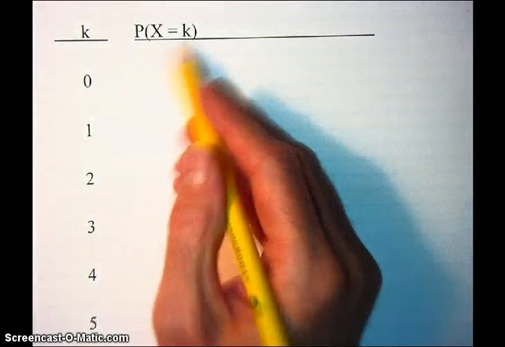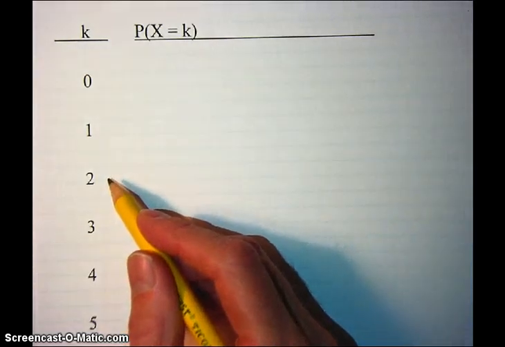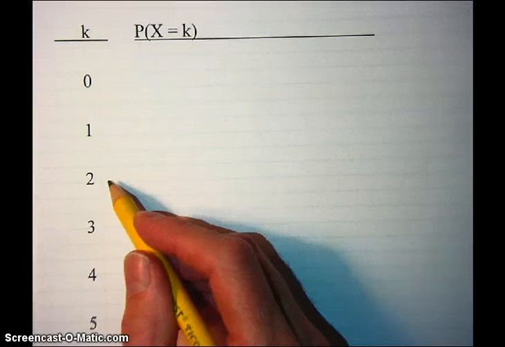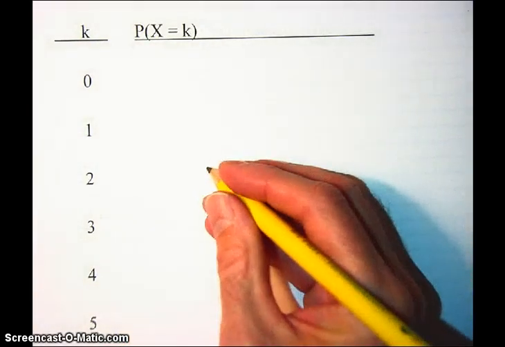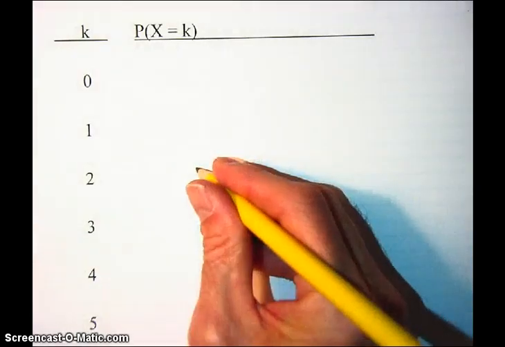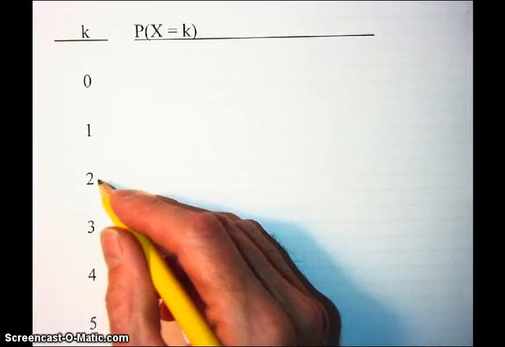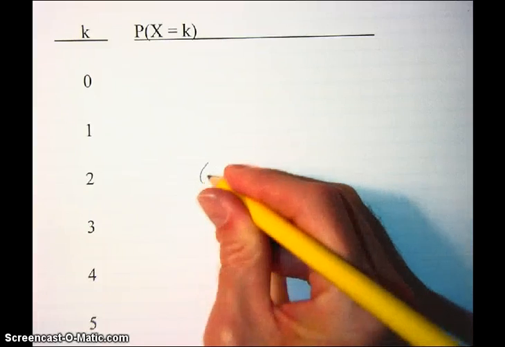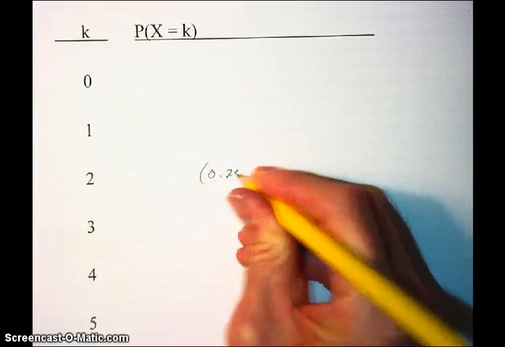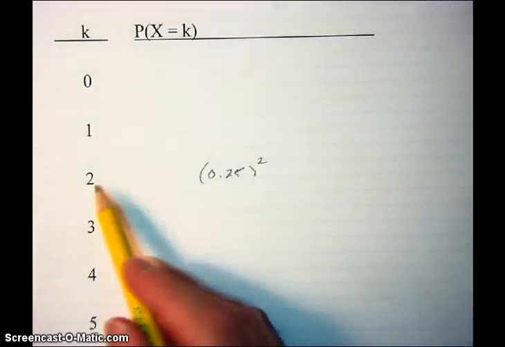If X is 2, that means we have 2 successes in our 5 rolls. That is, 2 4s came up. And we can figure out the probability of that type of event happening by using our multiplication rule. There is a 0.25 chance that a 4 is going to come up. And in this event right here, a 4 comes up twice. So we can take the probability of 0.25 and square it to take care of the 2 successes.